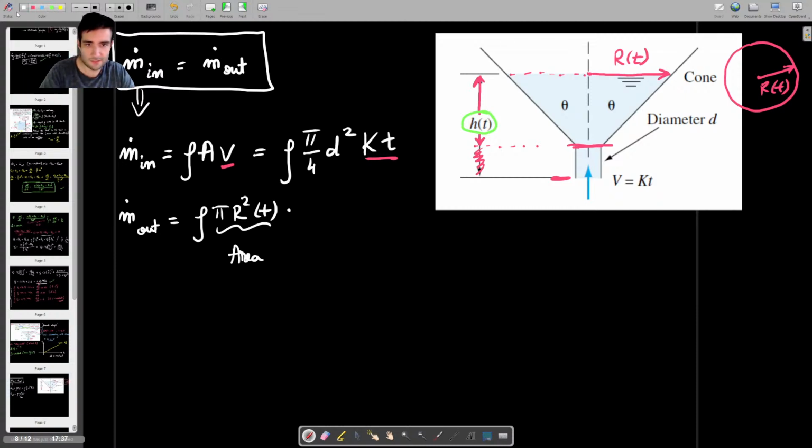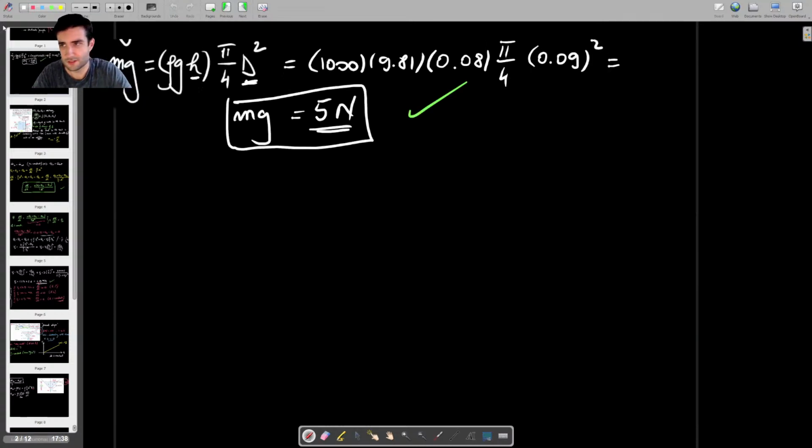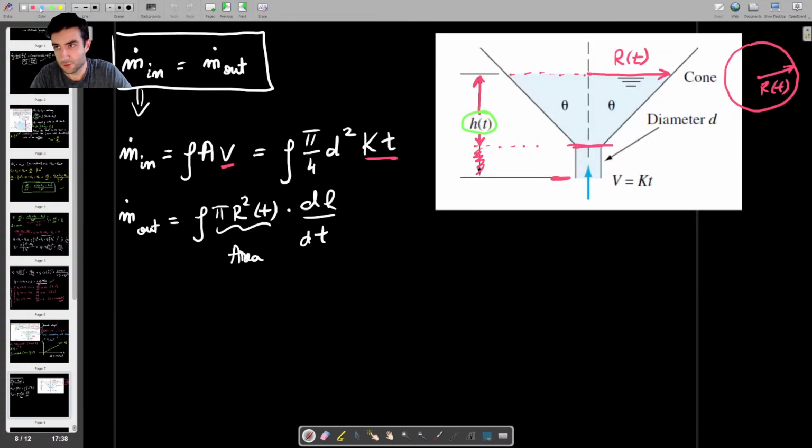So if the height is given as ht, then we can write that velocity as just the rate dh by dt, like this, because that's the velocity of the free surface. The velocity of the free surface is pointing upwards, and this is the rate of change of height.